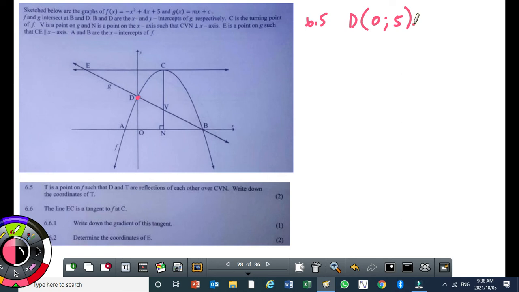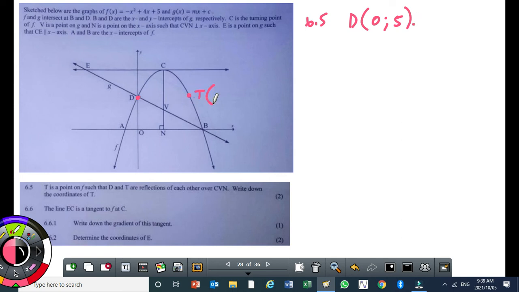If you reflect point D about this line here, CBN, does the X value change? Yes. What it means is point D moves to the other side, to the right hand side of the line, so it ends up being somewhere there.